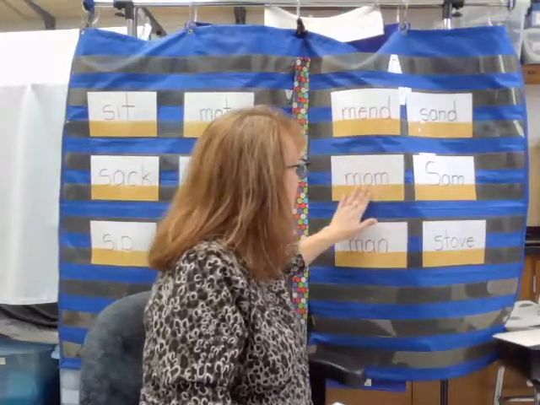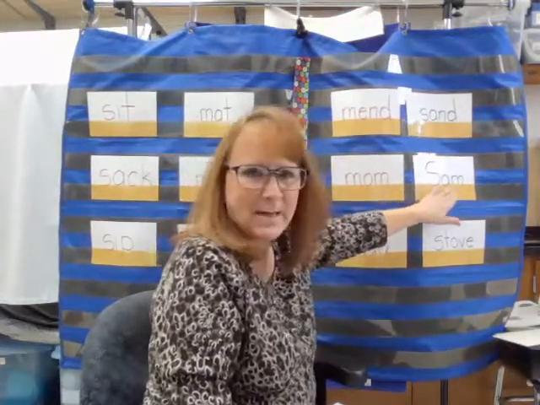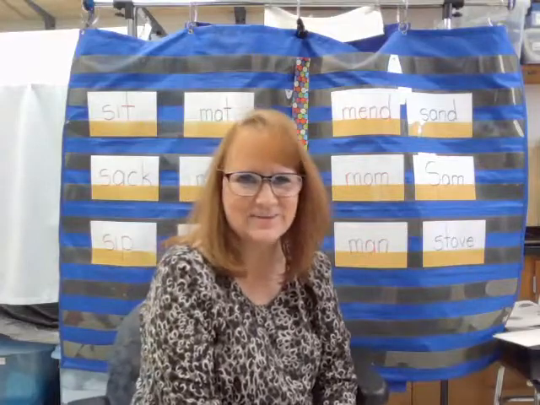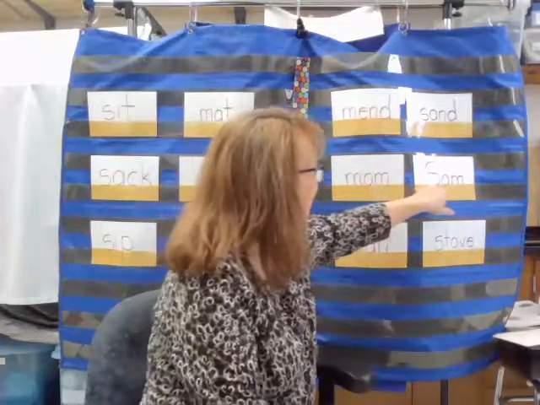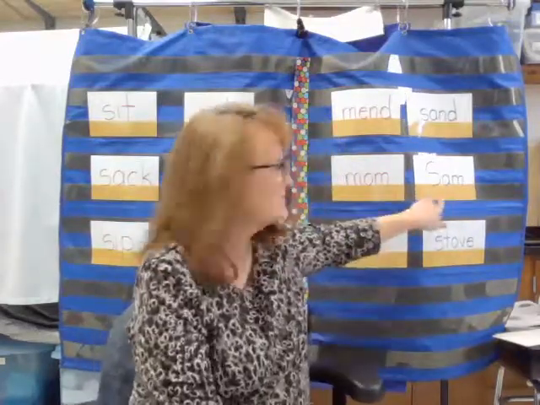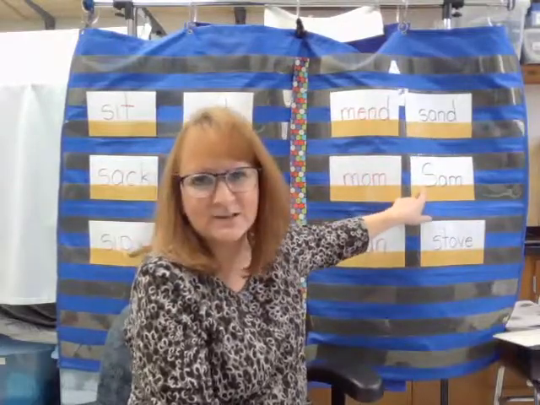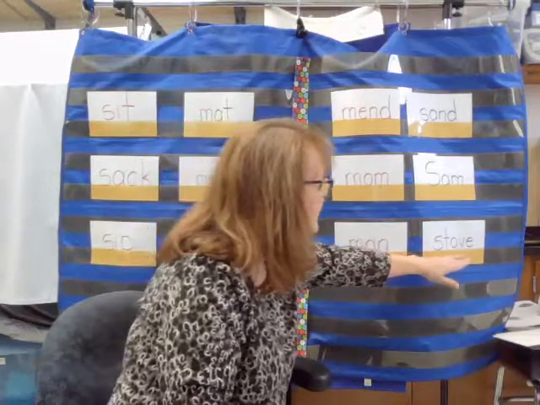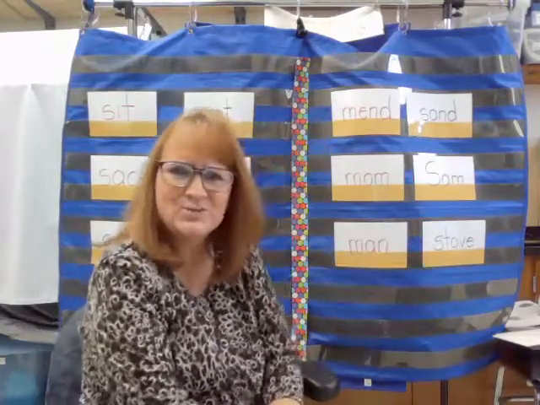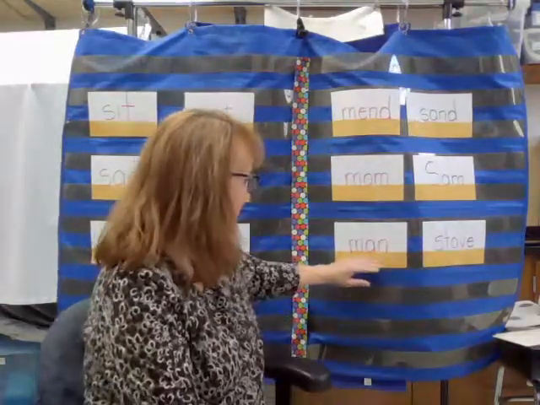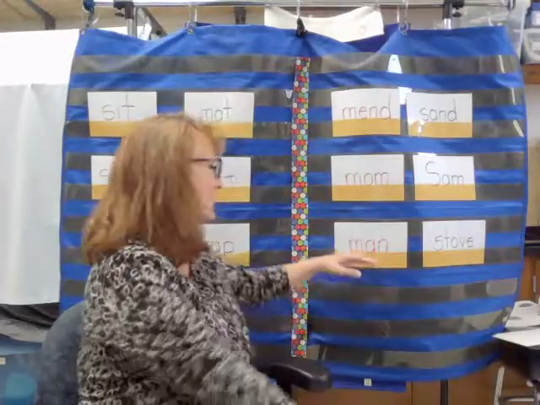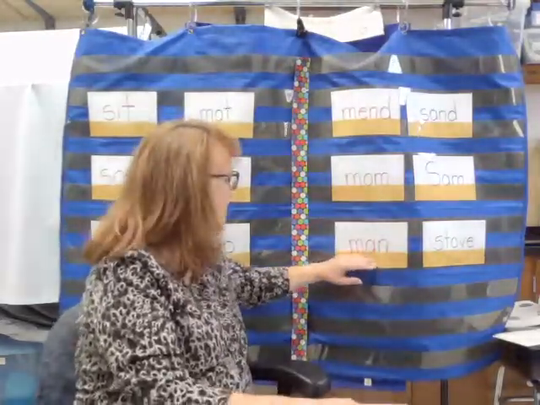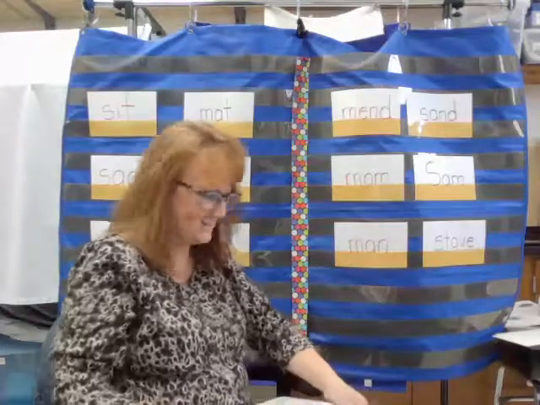And which one of these words, mom or Sam, has the A in it? Sam. And did you notice that I wrote Sam with a capital S because it's a name? Man, stove. Which one of those words do you hear the letter A? Right, it's that first pink word, man.